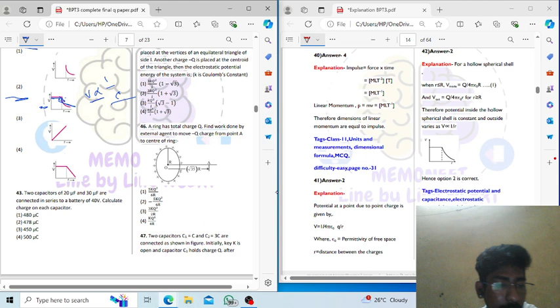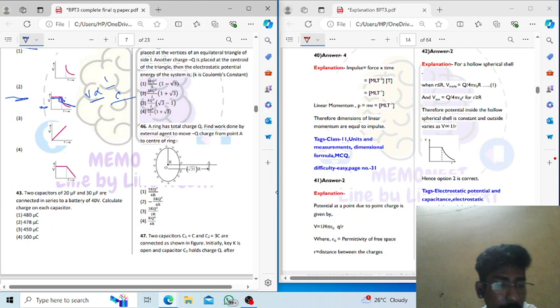So first of all, to calculate the energy in each capacitor, what you have to do? So it will become 960 only. Since they are connected in series, each capacitor will have equal charge. You have to calculate the total charge.